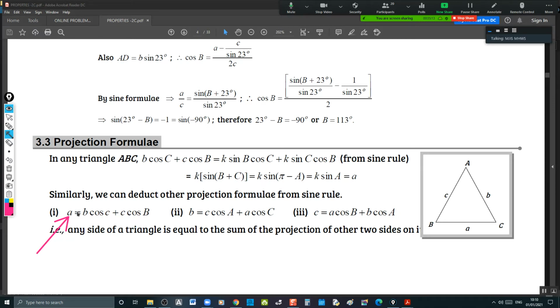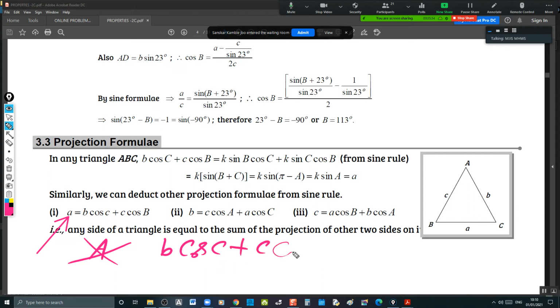You avoid capital A, the angle. Avoid this and write the formula in terms of, if you write b, then use cos C. If you write c, then use cos B. Like this. This is for small a. Like that, it is the projection rule.